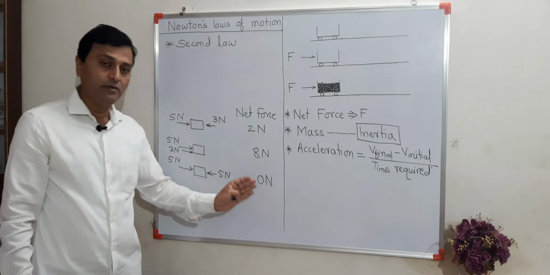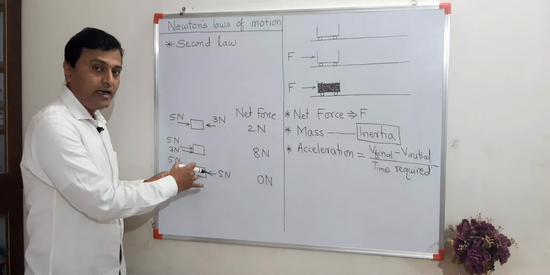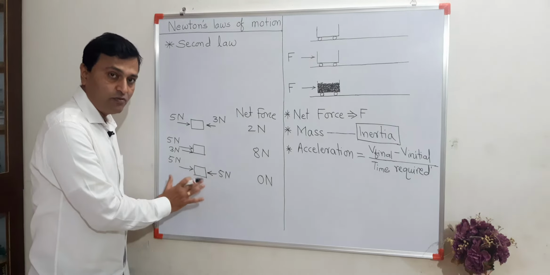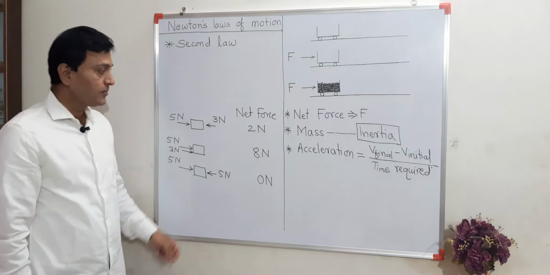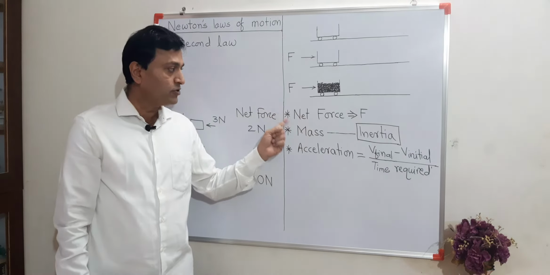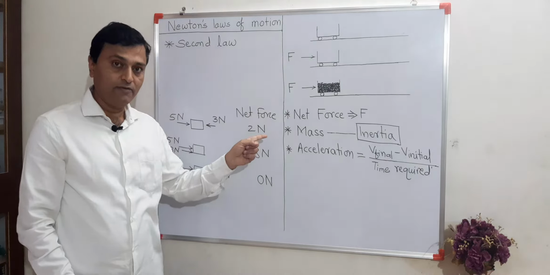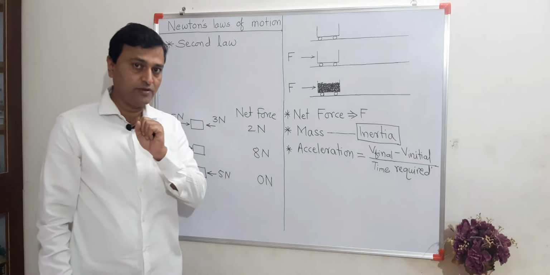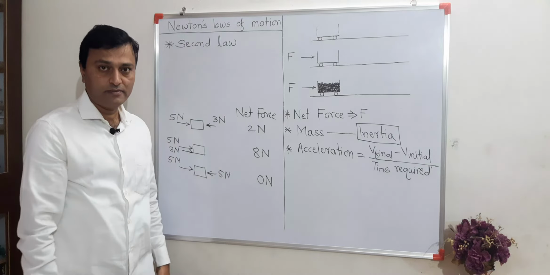Therefore, the total result will be 0 Newton. Means this body has net force 0. It will not move. But these bodies can be moved. I think you got what net force is. For net force, I have taken the symbol F. Whatever force F is represented as is the net force, because the net force concept is included in the second law.